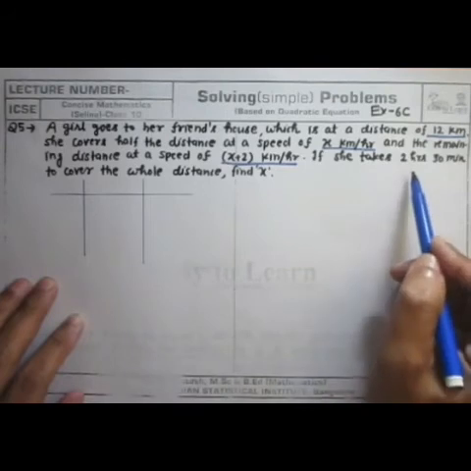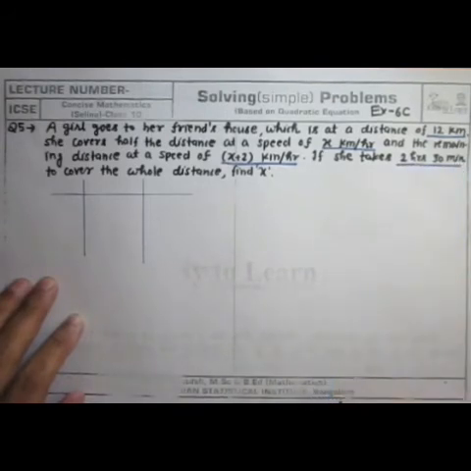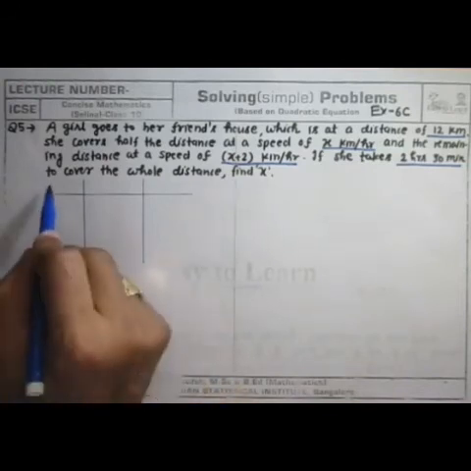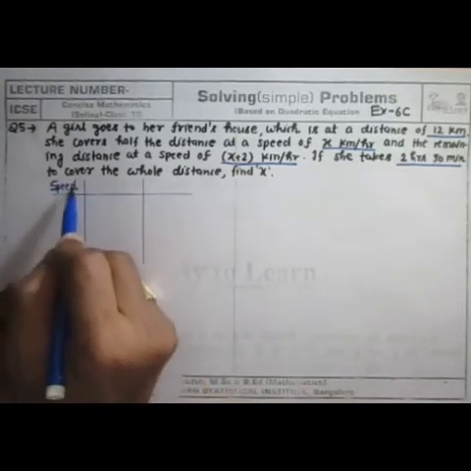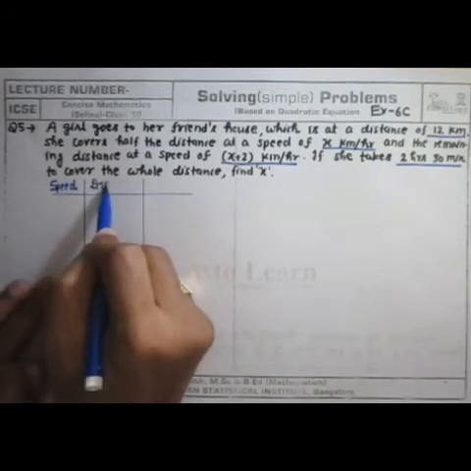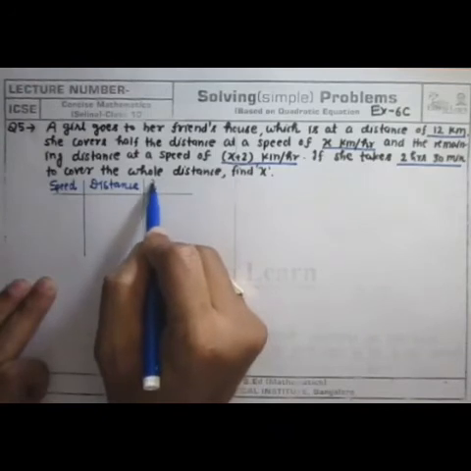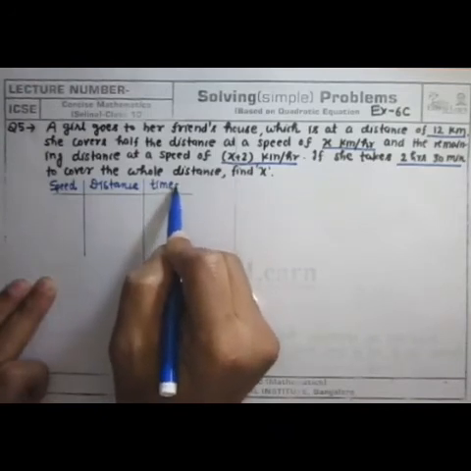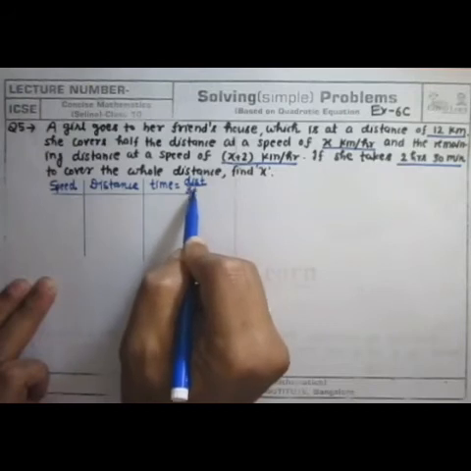If she takes 2 hours 30 minutes to cover the whole distance, find x. So in the first column we will write speed, in the second column we will write distance, and then we will write time, that is equal to distance by speed.